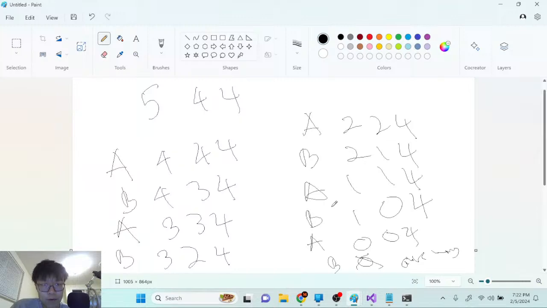Minus 4, we get 1, 0, 0. Oh, we never even hit this. I don't think you're supposed to subtract it from all of them.